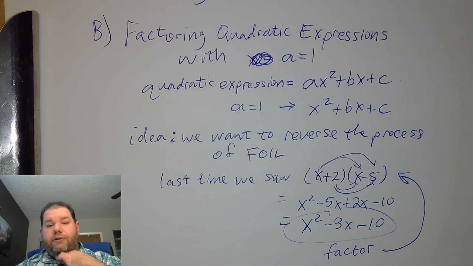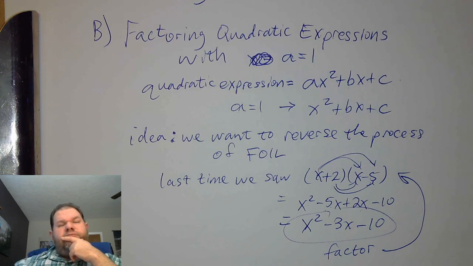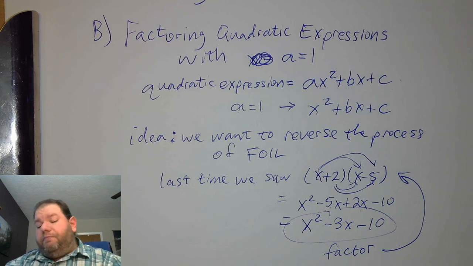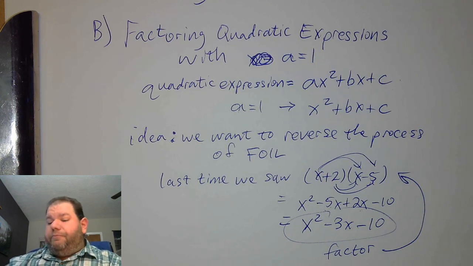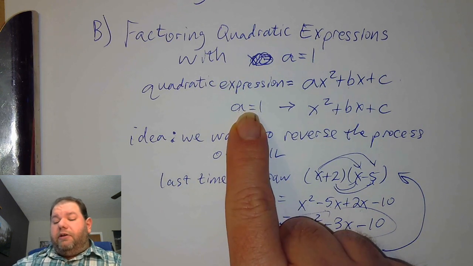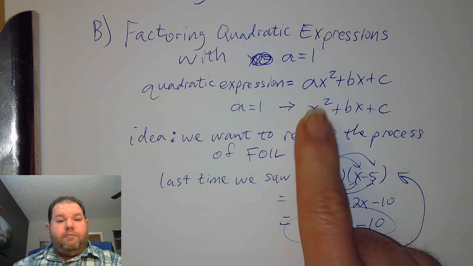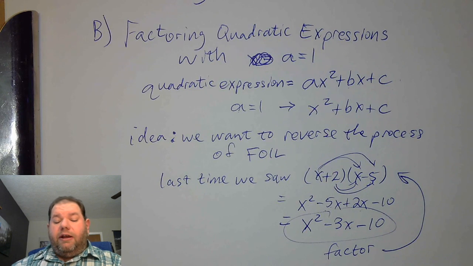As you can imagine, I would call it a little bit more difficult than the GCF, the greatest common factor. Now I'm starting with a equals 1, where we just have a plain x squared. This is the easier case of the two.